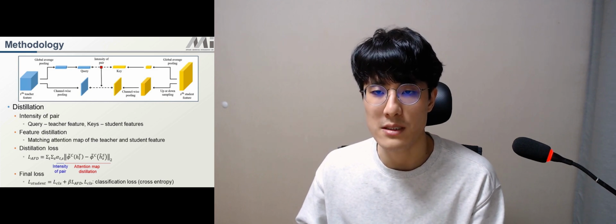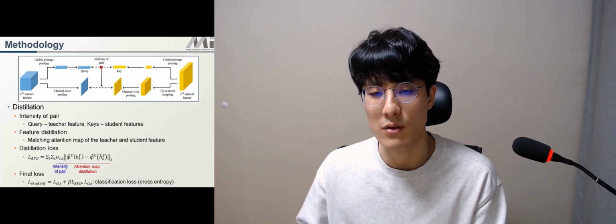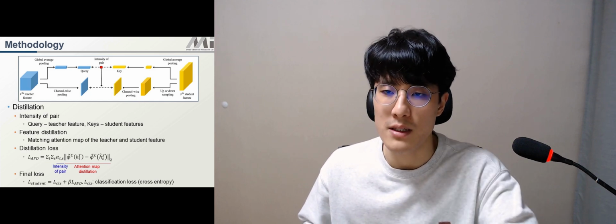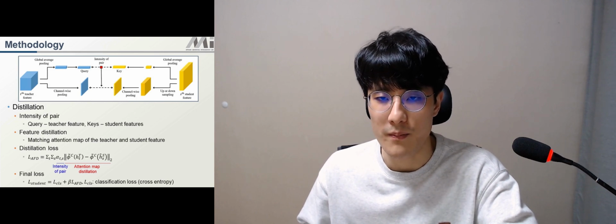Finally, for actual distillation, we use the existing attention map distillation method. So, the training and distillation of the intensity of the link is performed according to the equation L_AFD.